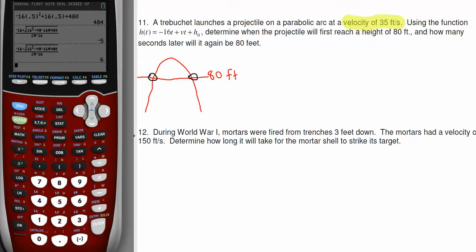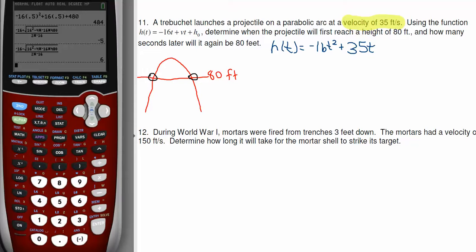So looking at this, we've got h of t equals negative 16t squared plus initial velocity, 35 feet per second, so 35t. Now, this is a trebuchet, and since they don't mention it, more than likely it's on the ground.